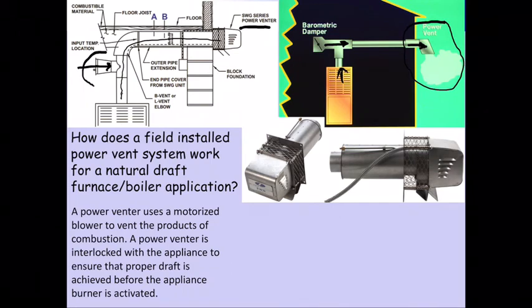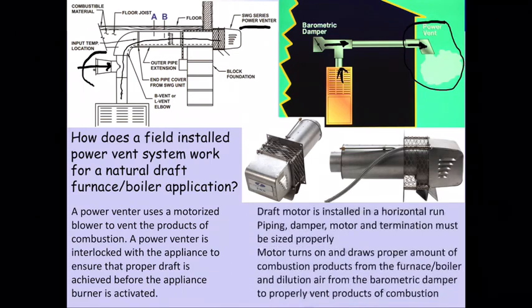So what do they do? How do they work? A power venter, we're using a motorized blower, essentially pulling those vent products out. The power venter, we have to interlock it to the appliance to make sure that we have draft before we're going to let the burners be activated. So that's kind of an important characteristic of it.